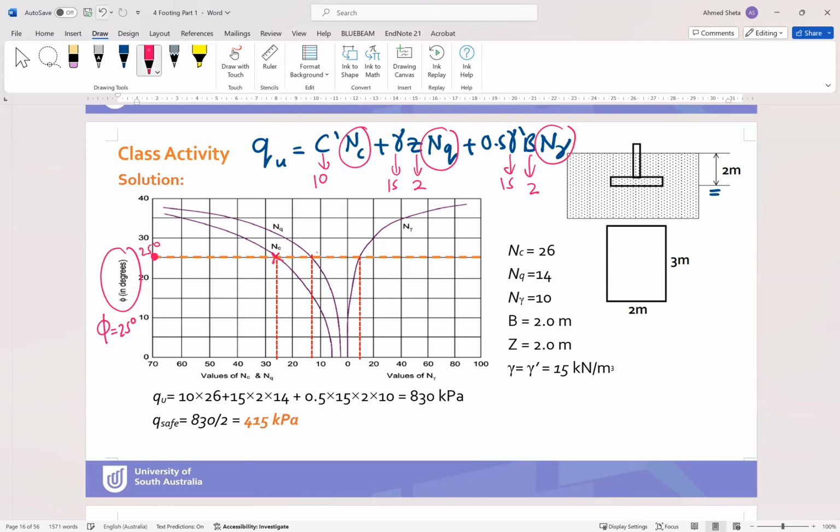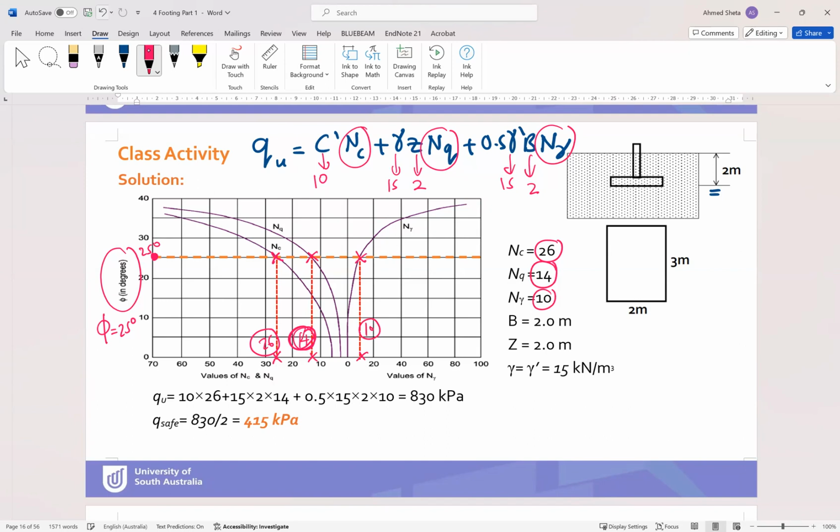We cut the three diagrams at 3 points and we go vertically. So Nc is 26, Nq is 14, and N gamma is 10.